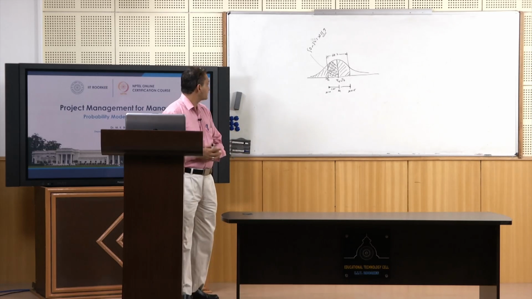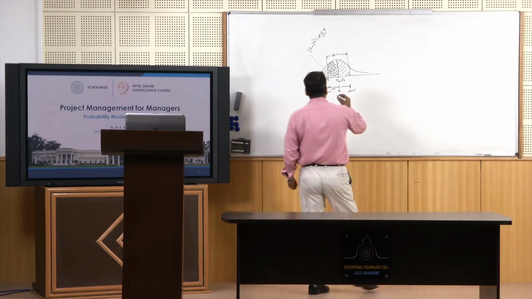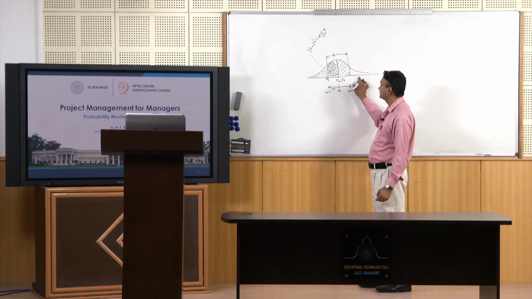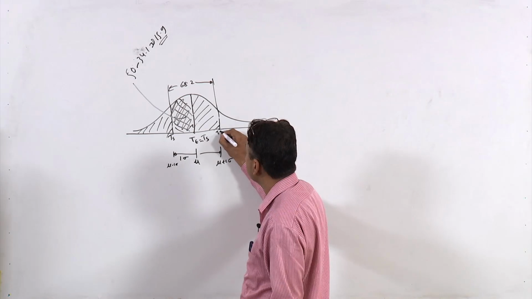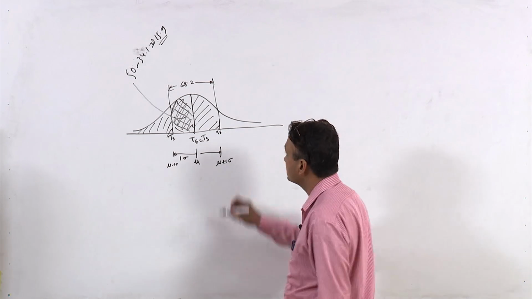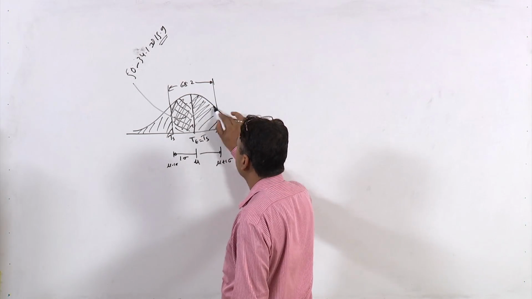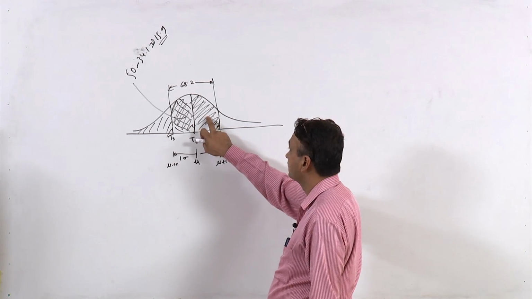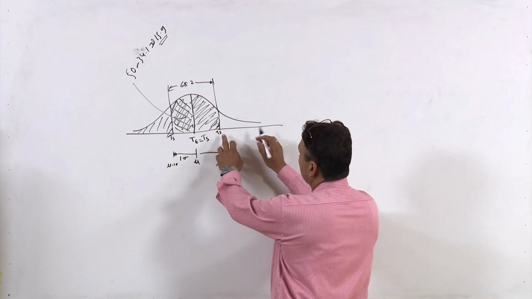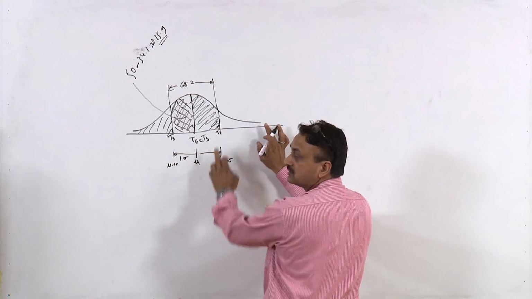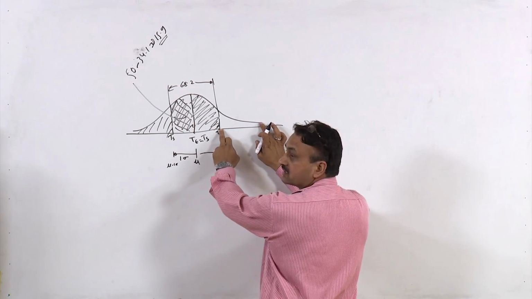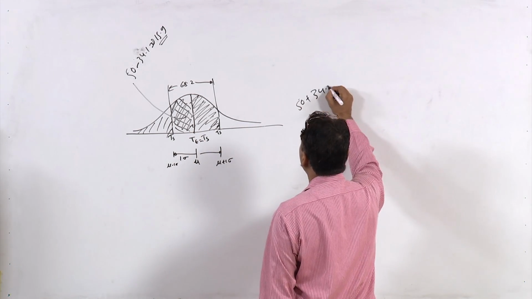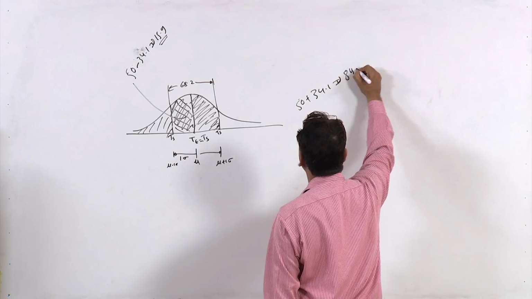Suppose I ask, if TS is one standard deviation towards the right, then what is this area? I know that this area is 34.1. So 50 plus 34.1 is 84.1.